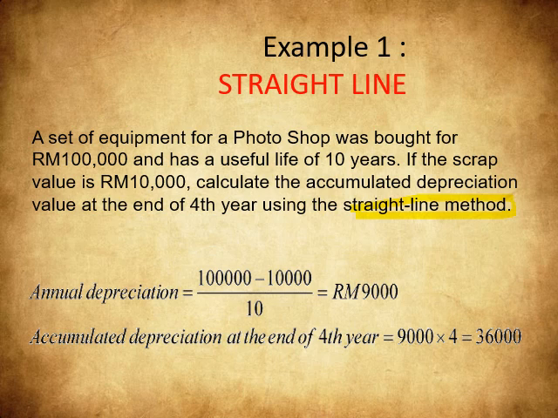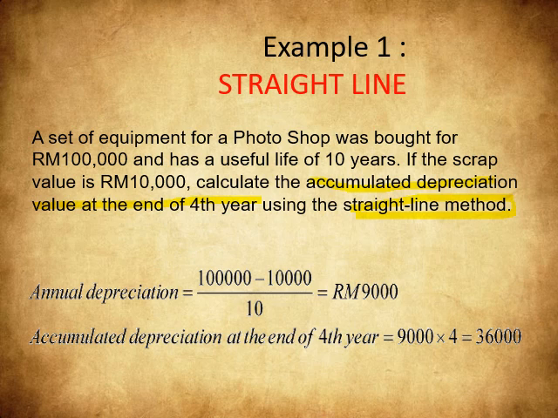So in order to find the accumulated depreciation value at the end of the fourth year, you need to first calculate the annual depreciation. How do we calculate annual depreciation? Cost minus scrap value. Cost, how much you bought that equipment, is 100,000, minus the scrap value, 10,000, divided by 10, the useful life.